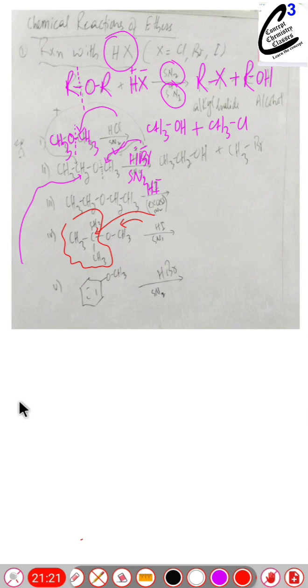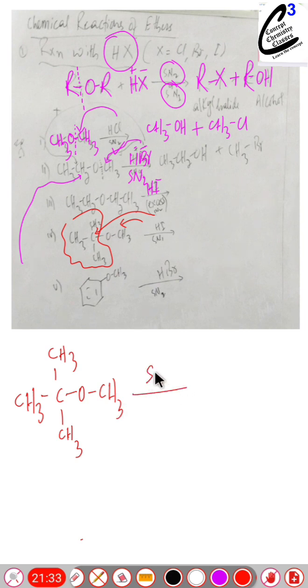This is a tertiary alkyl group, and if a tertiary alkyl group is attached to oxygen in an ether, then the reaction undergoes the SN1 mechanism, not SN2. So before attack by iodide ion, this bond will be broken to form a stable carbocation.